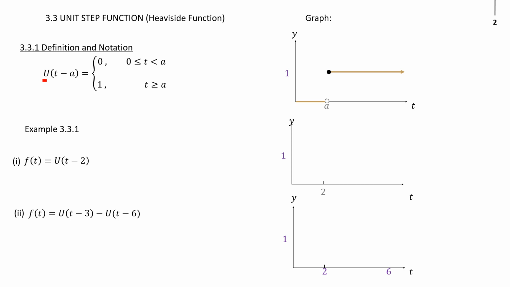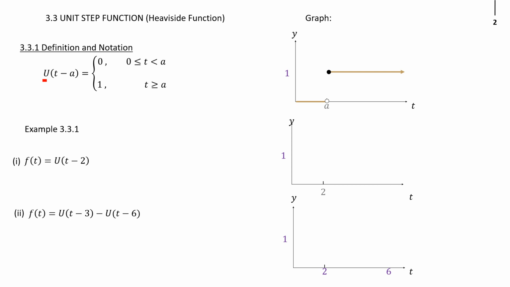Now, a unit step function of t minus a equals 0 if t is between 0 to a, and equals 1 if t is greater than a. This is the graph to represent this piecewise function. If t is greater than a, y equals 1.